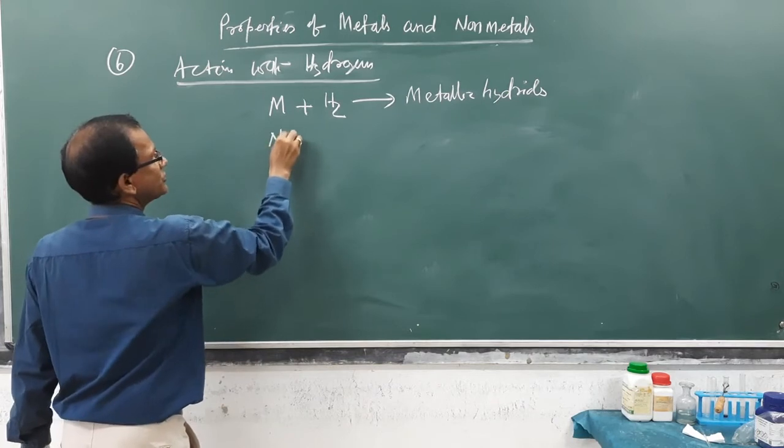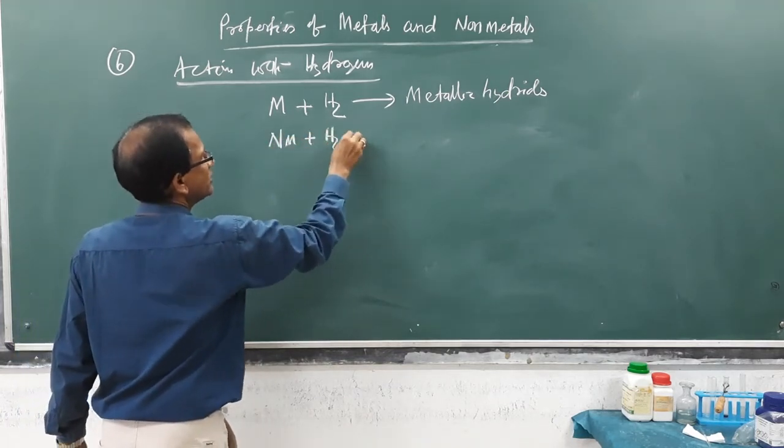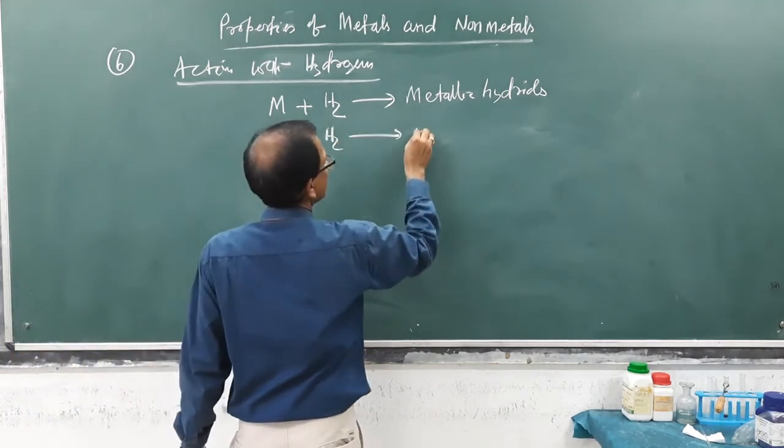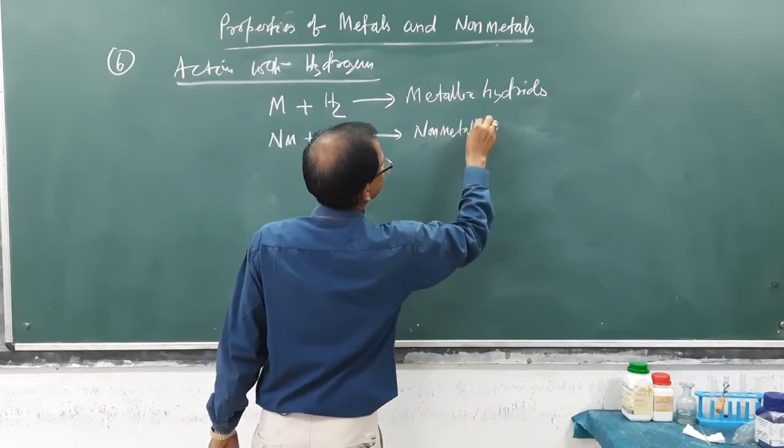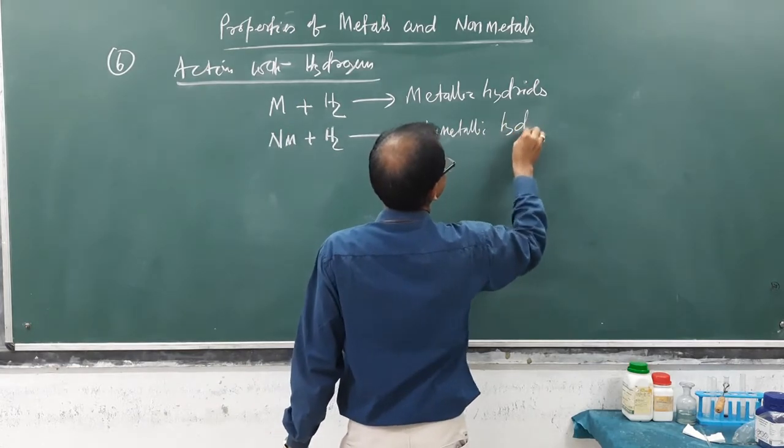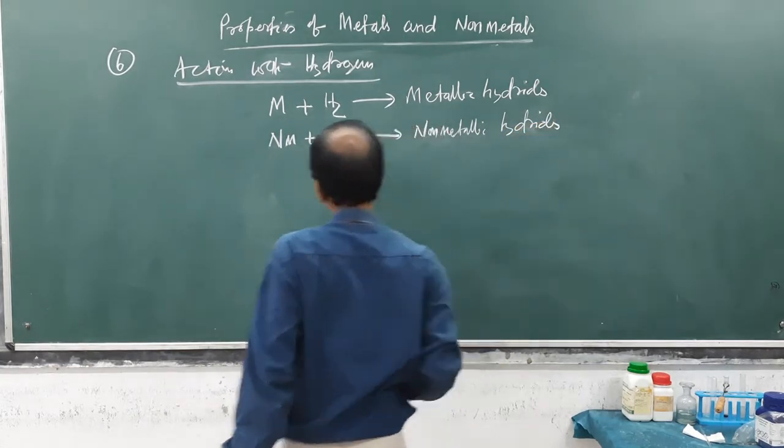Non-metal reacts with hydrogen to produce non-metallic hydrides. What are the examples?